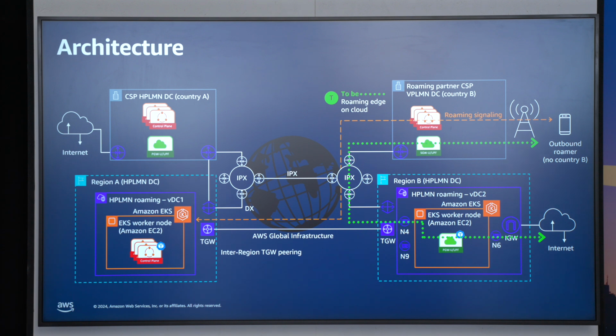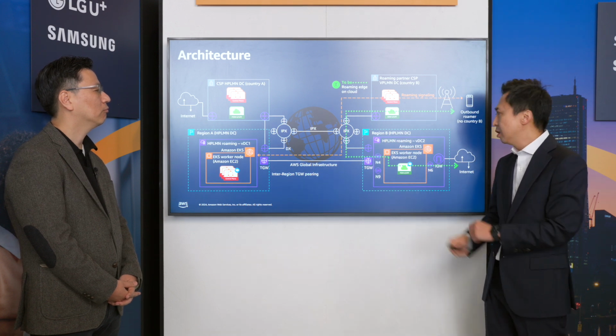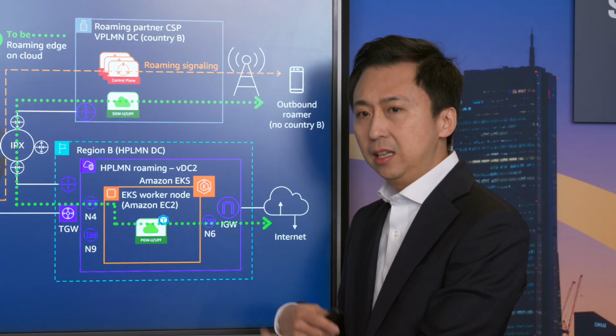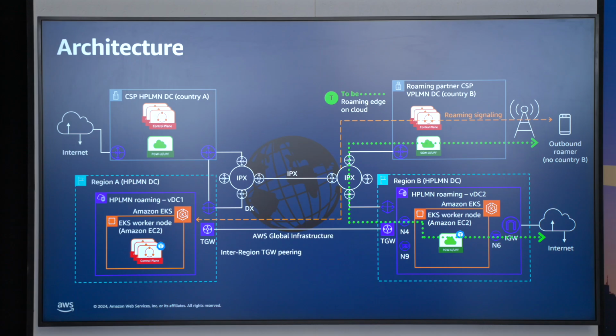By leveraging Roaming Edge on the AWS cloud, the UPF can be located in the closest region in the AWS cloud, so the UPF can process the user traffic in a short time. Roaming traffic travels into the closest AWS region, so it takes less time than the traditional roaming architecture.